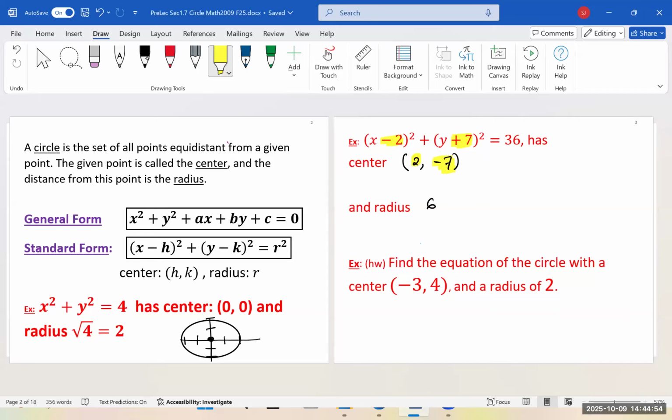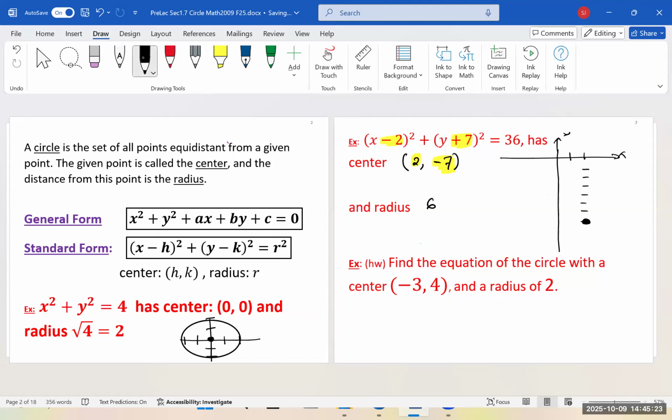If you do want to draw it, you don't have to, but if you do, the center is 2 and negative 7. So 1, 2, 3, 4, 5, 6, 7. I need more space. So x, y, 1, 2, 1, 2, 3, 4, 5, 6, 7. So this is our center.